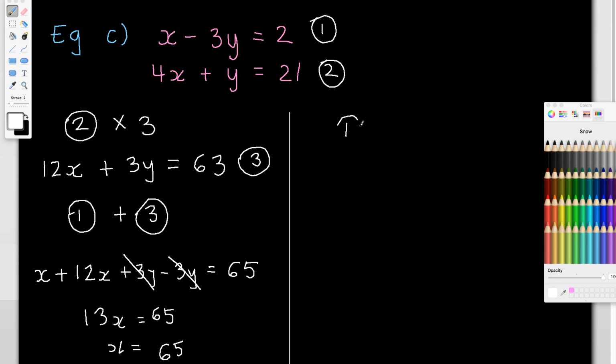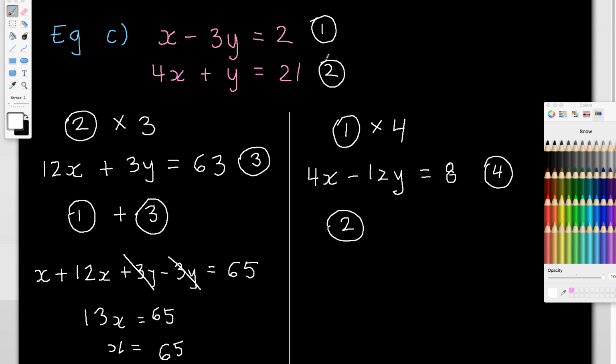Taking number 1, multiplying it by 4, this would give me 4x minus 12y, because remember you have to multiply everything by 4, that will be equal to 8. I'm not going to call that equation 3 because I've already got one over there. I'll call that equation 4. Doesn't matter what you call them, so long as they're easily identifiable.